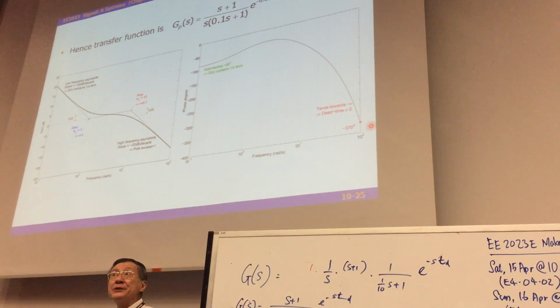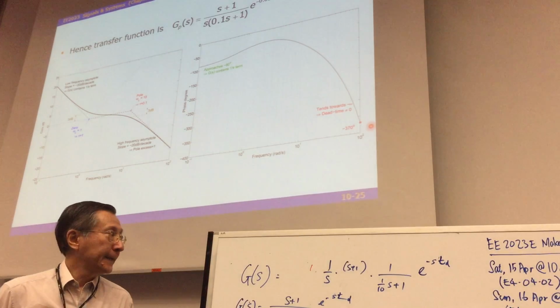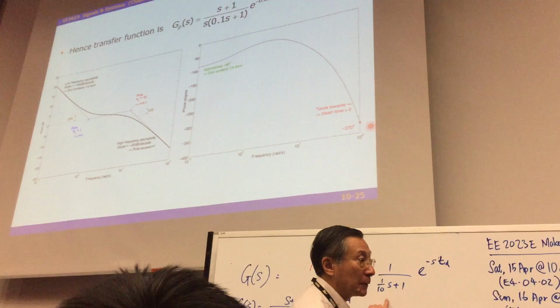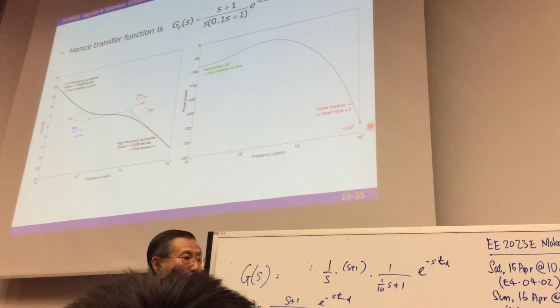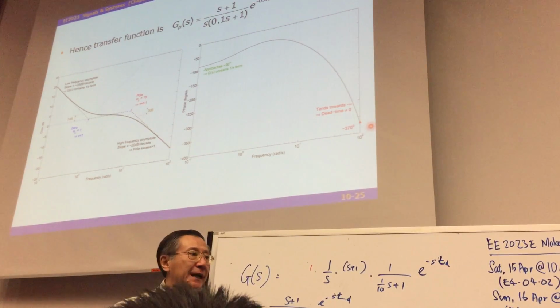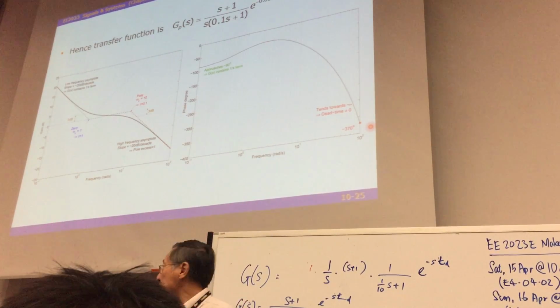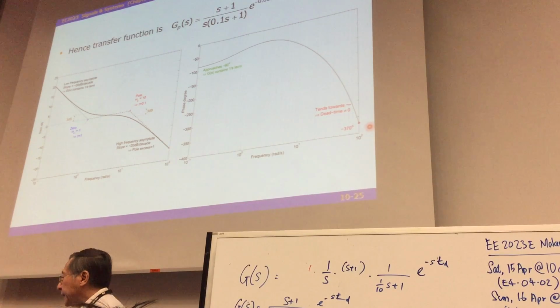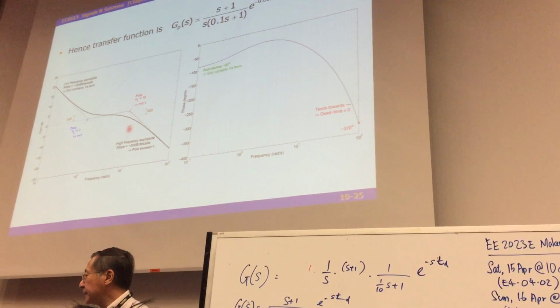Choose higher frequency. Because the corner frequency is 10, omega is 10. Tau is 1 over omega. Over here, you see, it's 10.